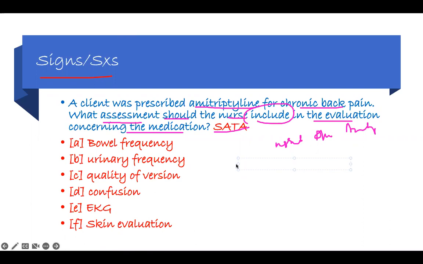Okay, they can use it for back pain. It's a TCA. So amitriptyline, this is a TCA, and TCA has a lot of side effects. TCA is one of the medications that has a bunch of side effects.